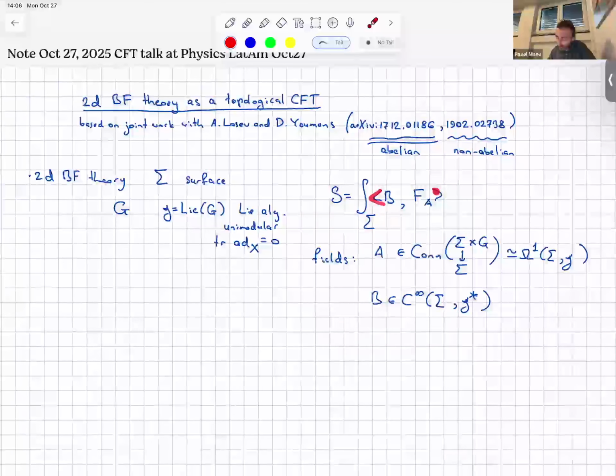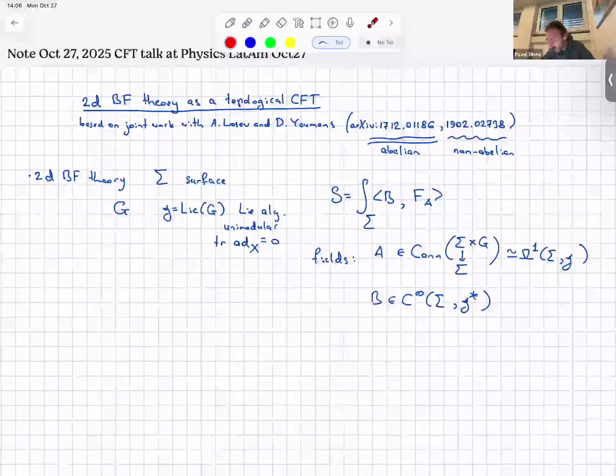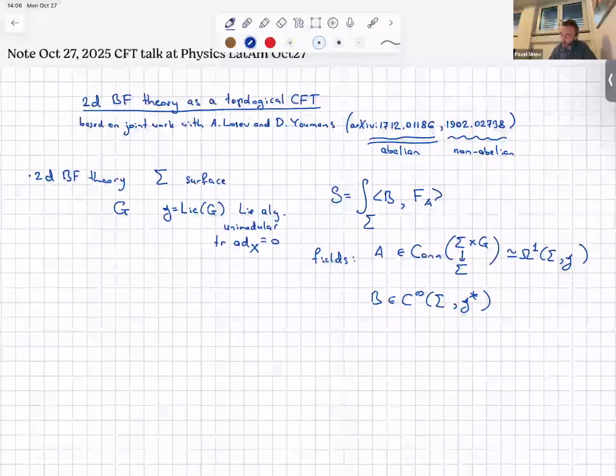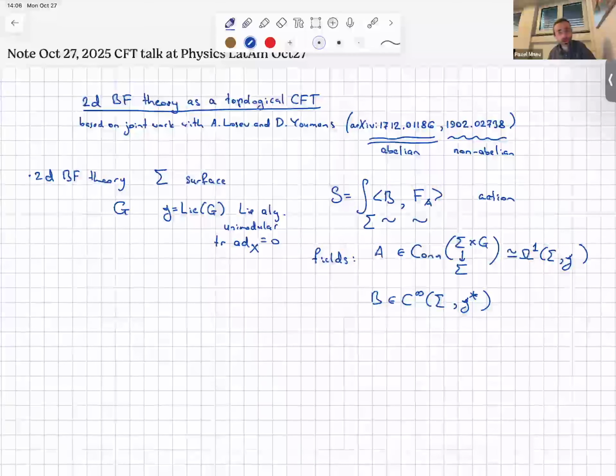So this is a number valued two form, which I can integrate over a surface and get a number. So this is the action. And this is the name BF. BF theory is just because of these two letters. It's not for any two people starting with B and F. It's just for the two letters in the action.